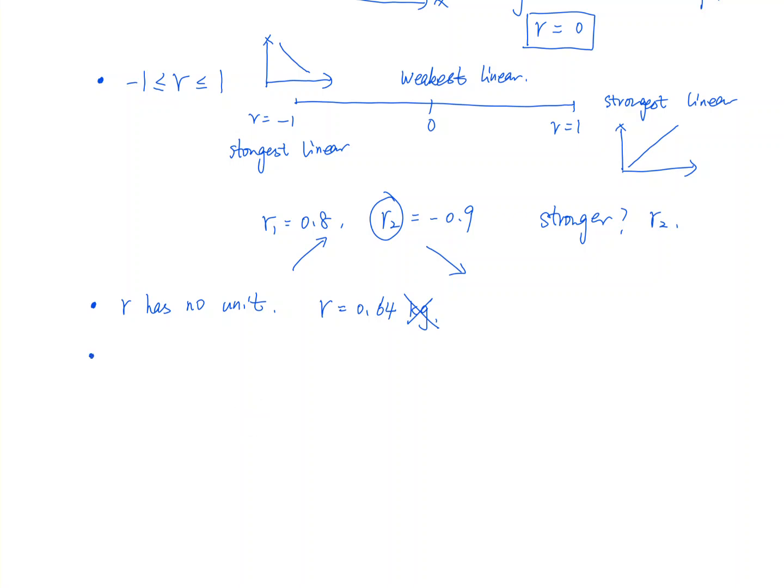Next property. What if r equals 0.99? It is a very high correlation, right? The biggest is 1, so it is very, very close to 1. So we say it is a very high correlation.